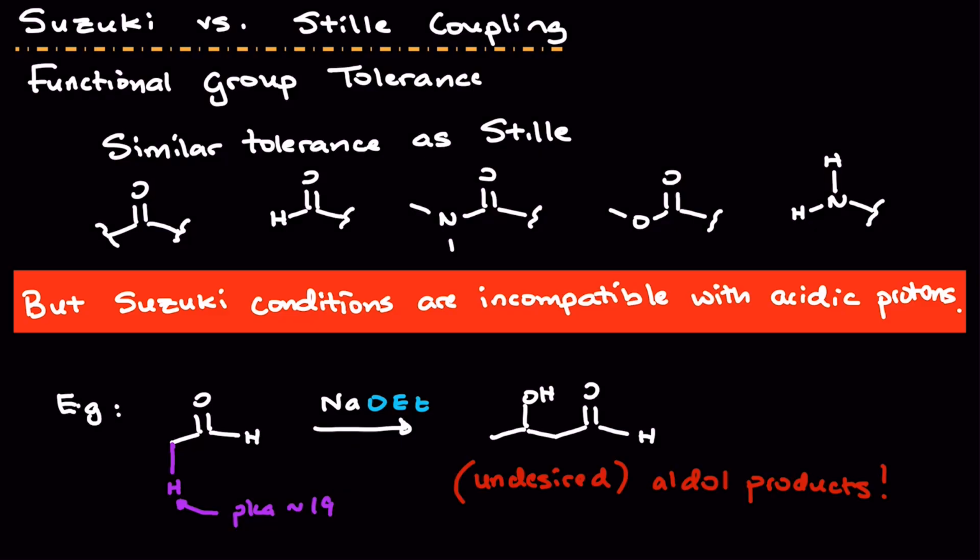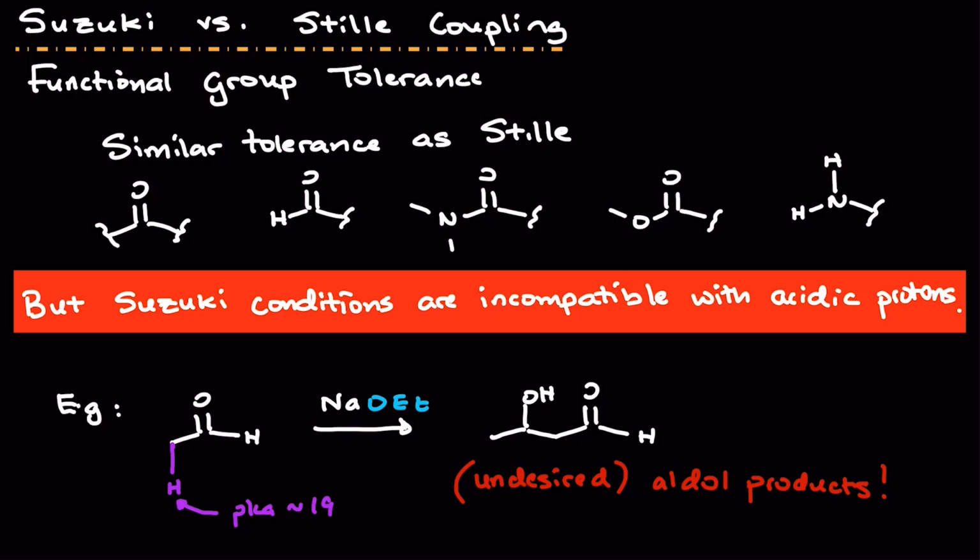And you can now start forming these undesired aldol products in your flask, right? So we've seen these types of reactions before, which now poses a problem for Suzuki reactions when you have these types of enolizable functional groups on your molecule.